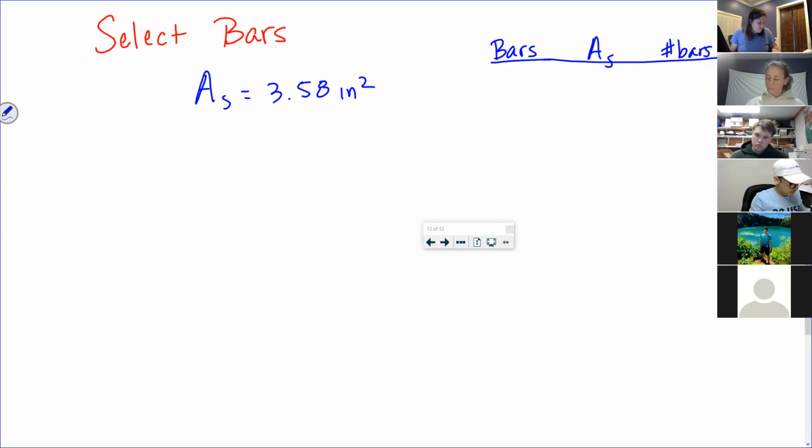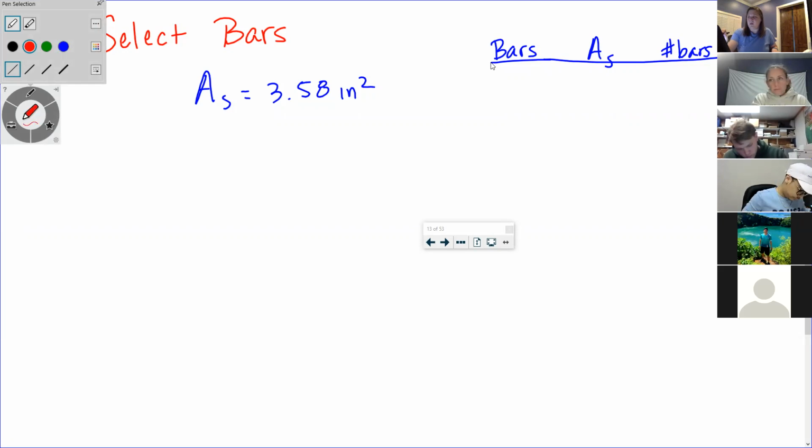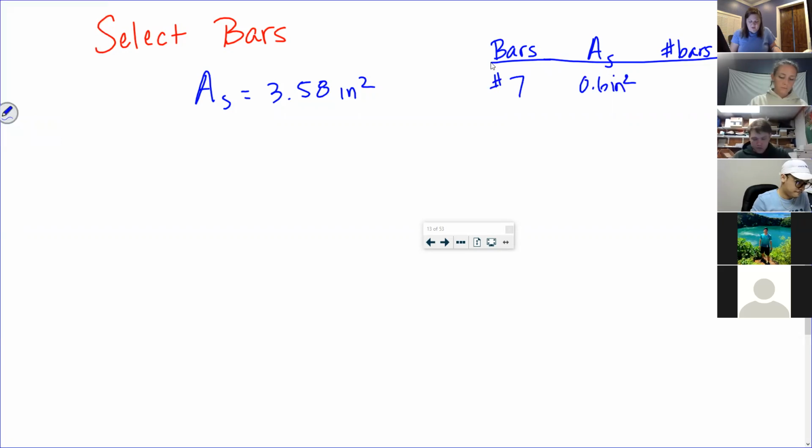So like, a number 7 has an area of 0.6 square inches. So if I use number 7s, 3.58 divided by 0.6, I need 6 number 7s.